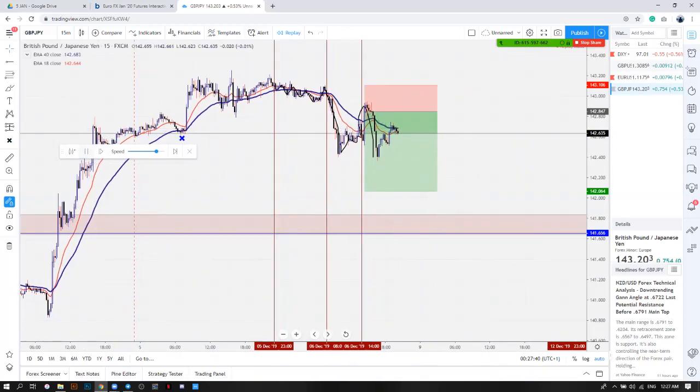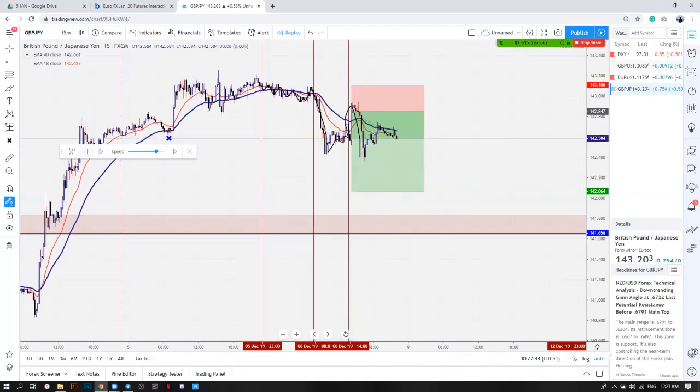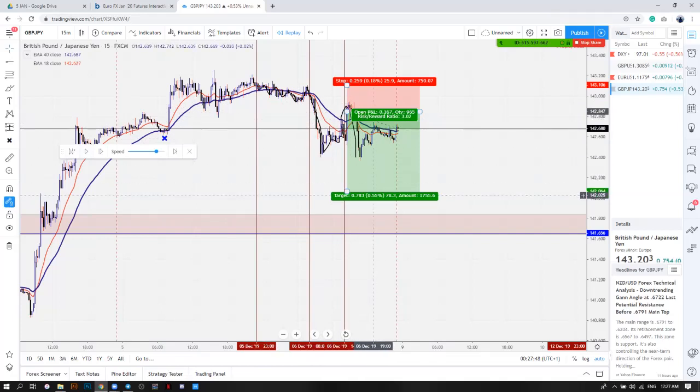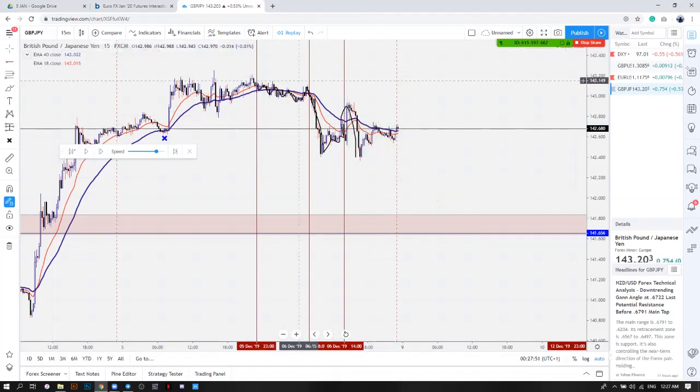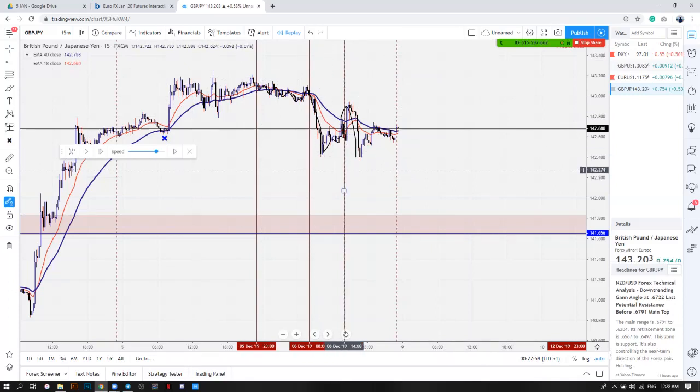And then what you're going to see is going into the new day, the market is just going to keep ranging until a new day forms. Exactly what we said, that is what the market does. The market ranges going into the new day, and then it's going to repeat the cycle again. The same thing happens every single day.